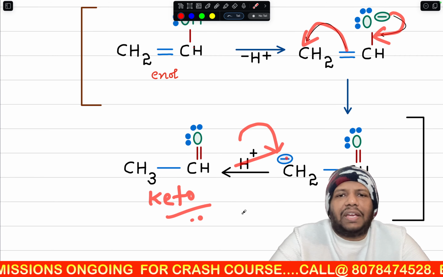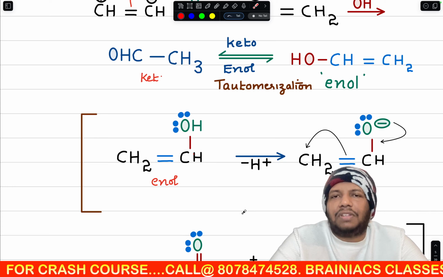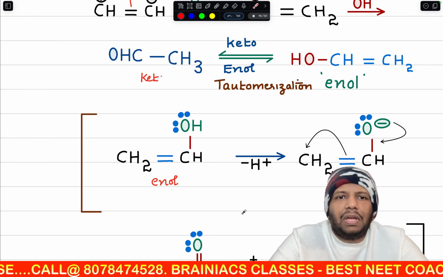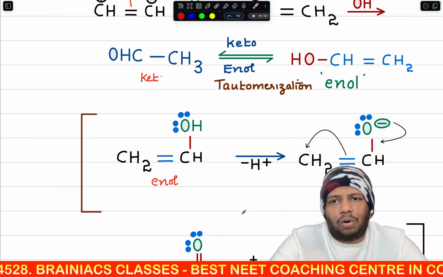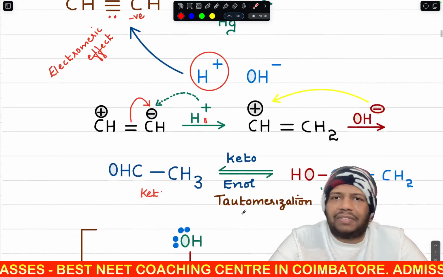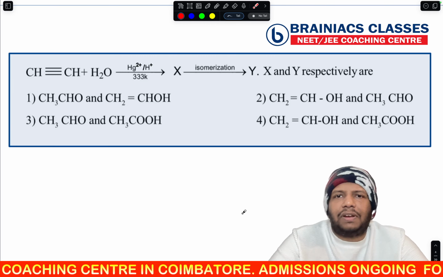Okay, so sometimes if the keto form is more stable, then in the majority of the compound, 90% would be keto form, and the remaining will only be enol form. So depending upon the stability of the keto or enol form, that will dominate in the reaction medium. Now in this one, I can easily find out the answer.